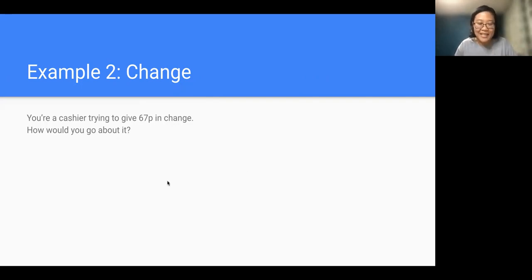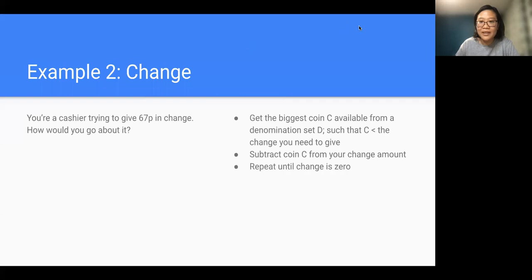Obviously, you want to be polite and not rude by not giving a massive bag of coins to the customer. So that means you want to give the least amount of coins to give 67p in change. So how do we go about it? We have denominations of coins.